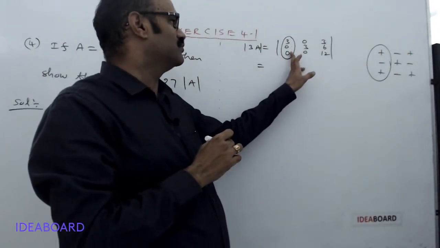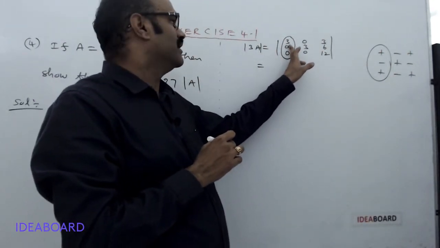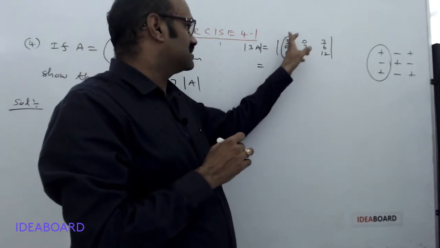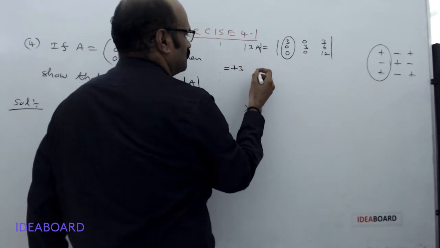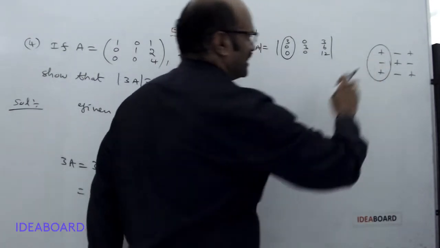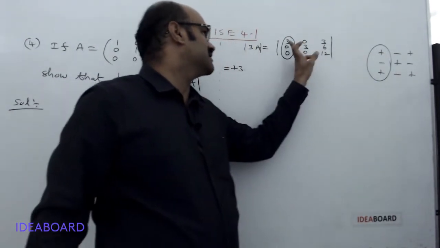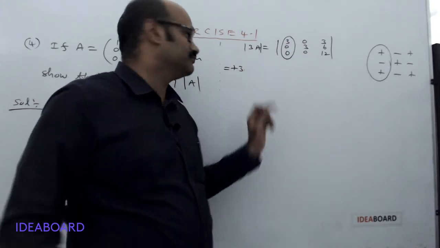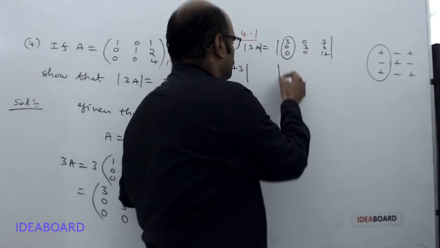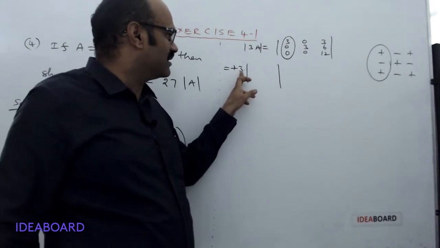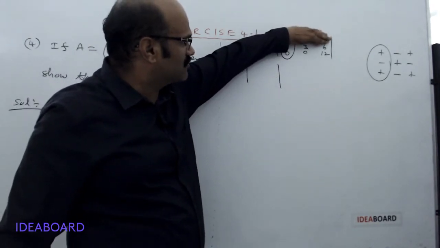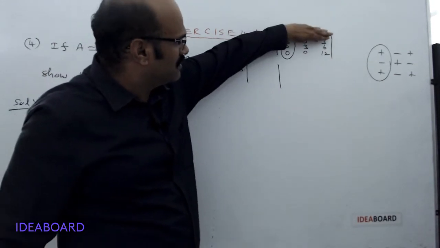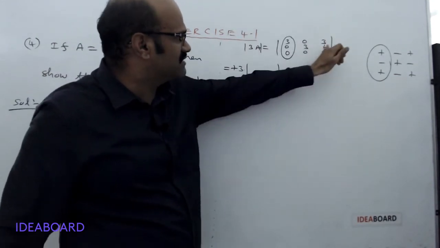Since we are having two zeros, we can do it along C1 here. So it is equal to plus 3 into, we have a plus sign, so we take plus 3 into the determinant of the minor of 3. The minor of 3 is, we remove the first row and first column. Then we have the 4 elements 3 6 0 12.